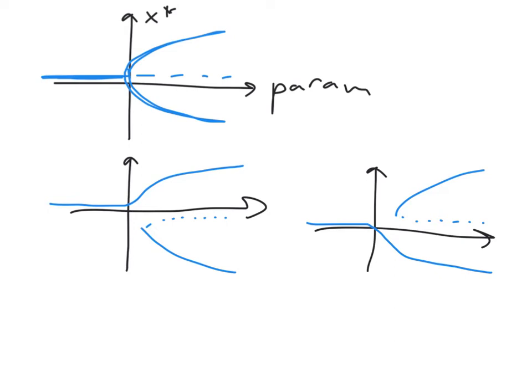The example that we went into with symmetry breaking was for a supercritical pitchfork, and we looked at one of the options, but actually the symmetry could be broken in either direction.